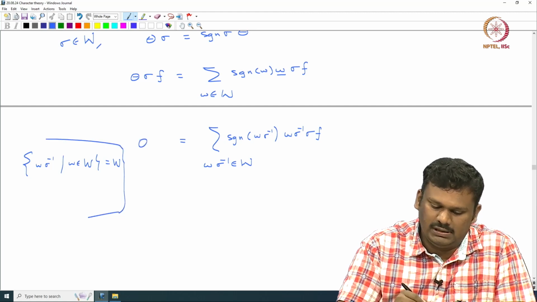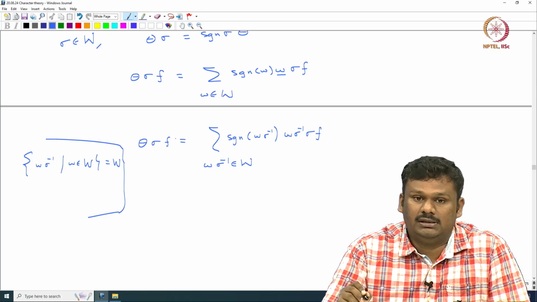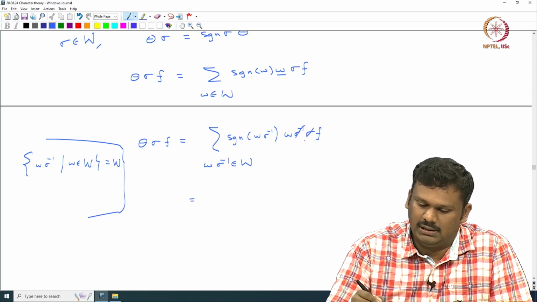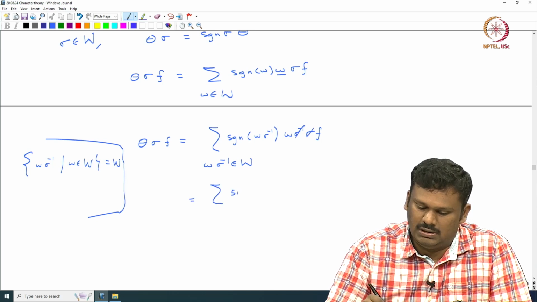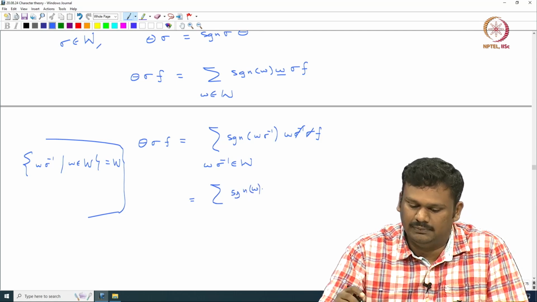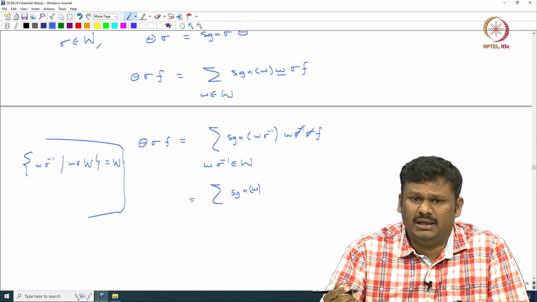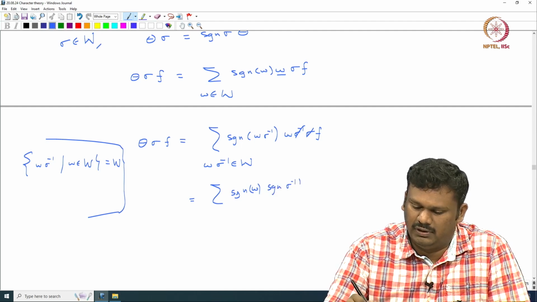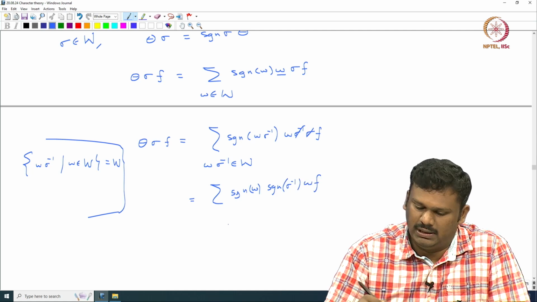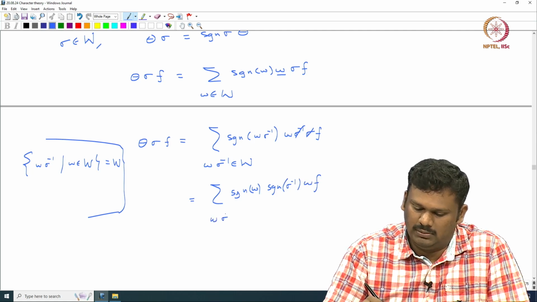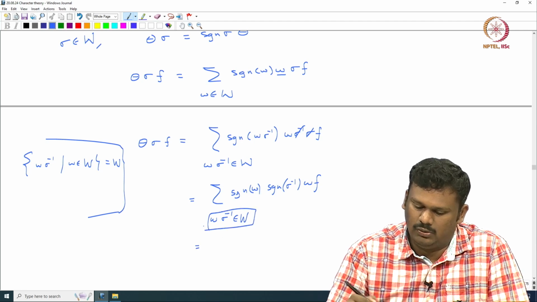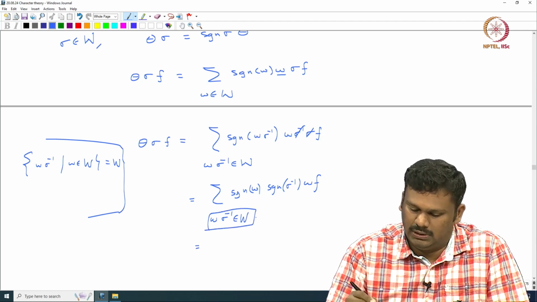So, now using this you can see that theta sigma f is nothing but this. Now this gets cancelled. So, you get summation of sine of w, because sine being a group homomorphism, this is sine of sigma inverse and then w f you get, and then w sigma inverse w you get. Now this you can replace by w.